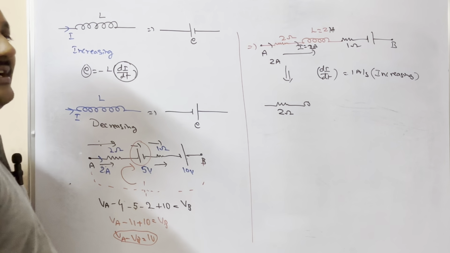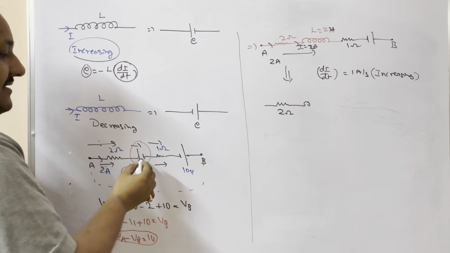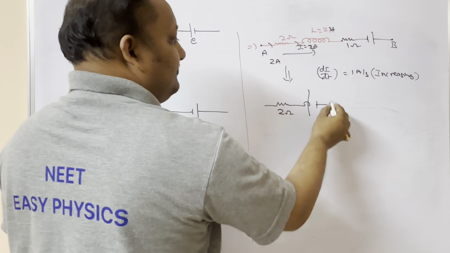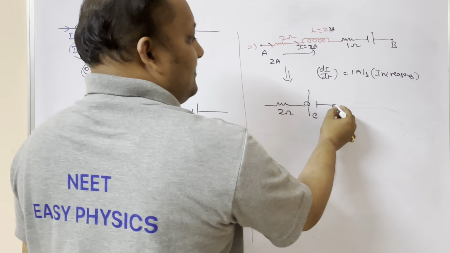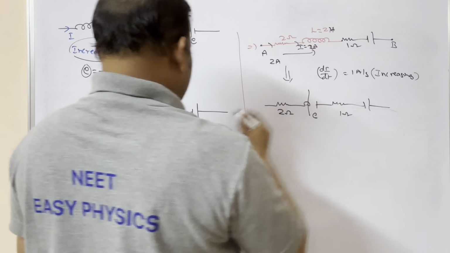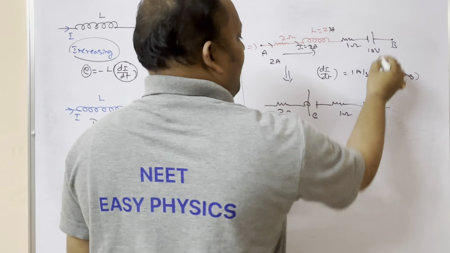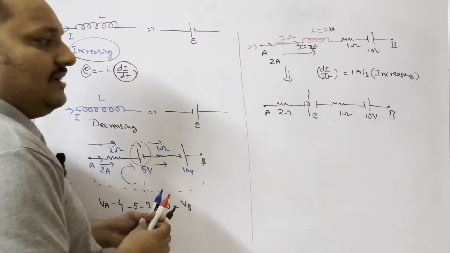Whenever it is increasing, as we said, it is like this. So the L value gives E, this is 1 ohm, and this is 10 volts. Same problem, small change.